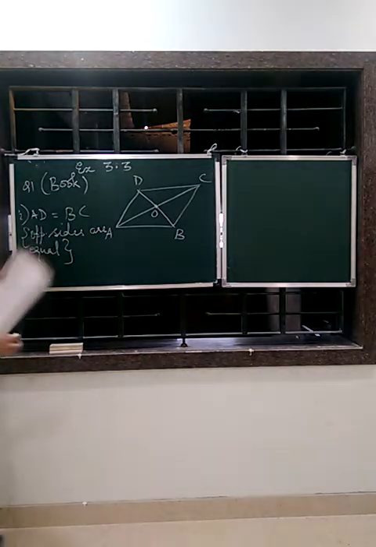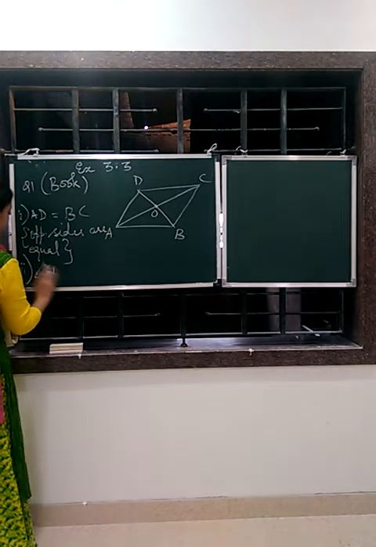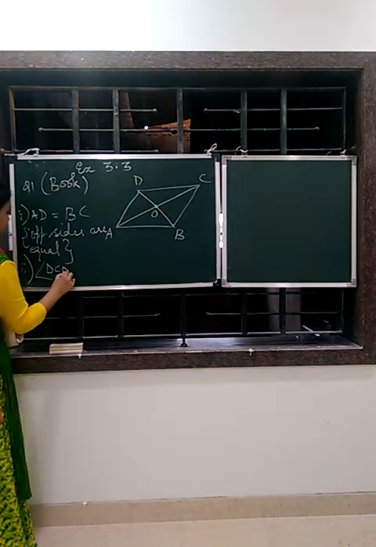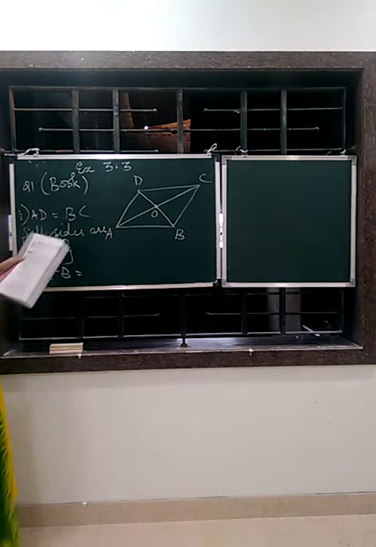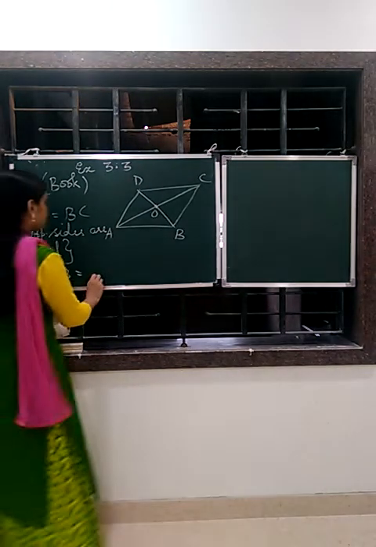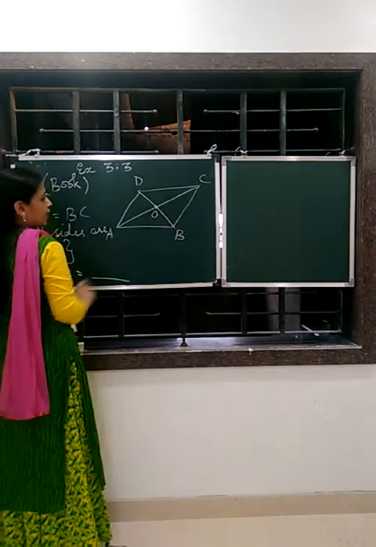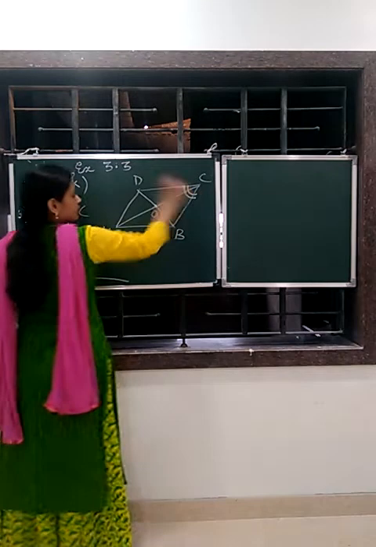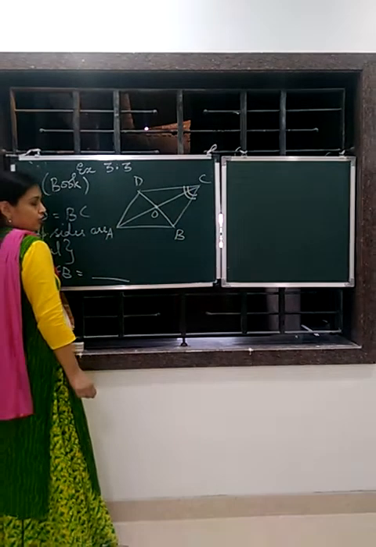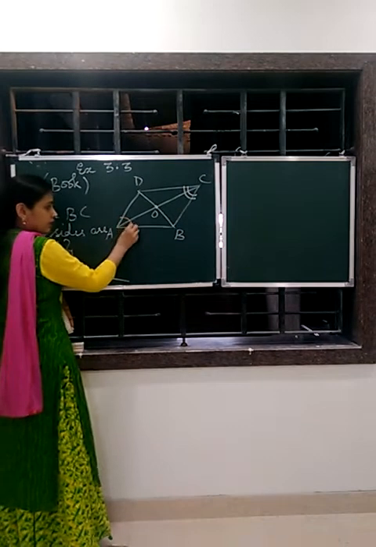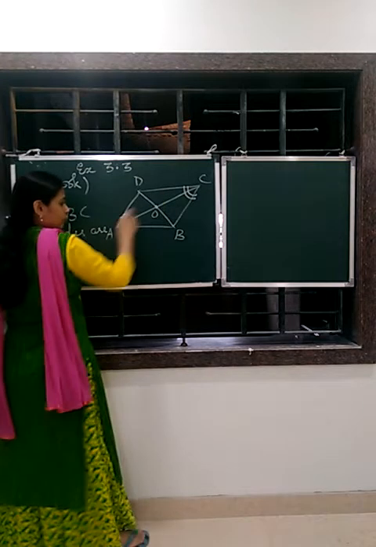And second one, angle DCB is equal to dash. This is an angle. So what is the property that we have studied? That opposite angles are equal. So this is equal to this.